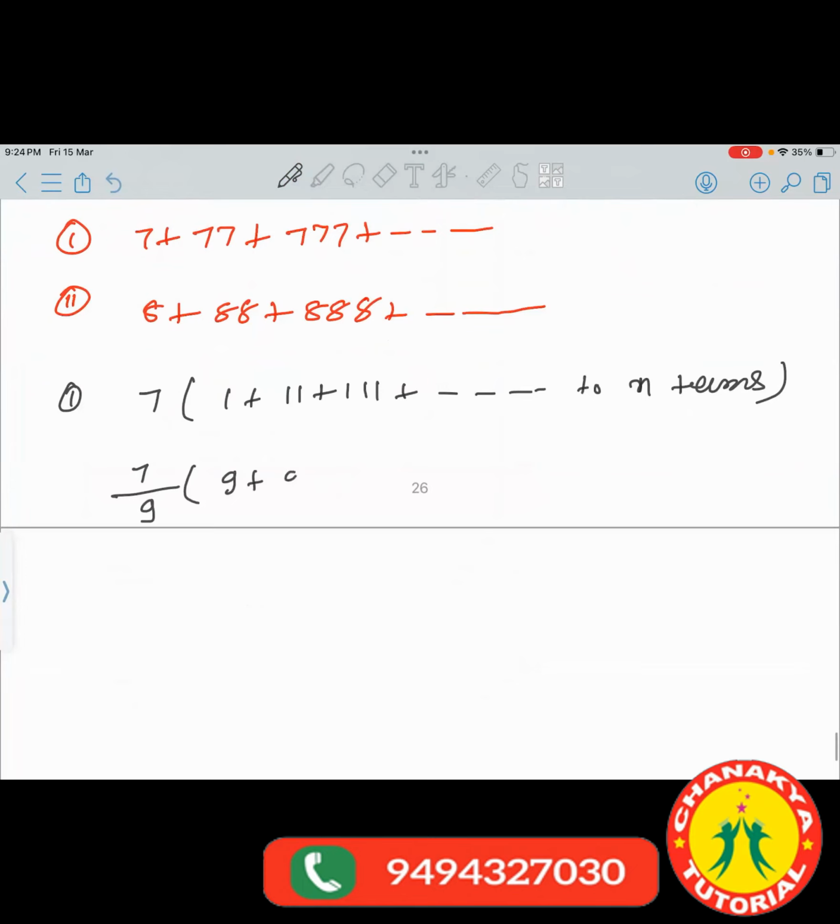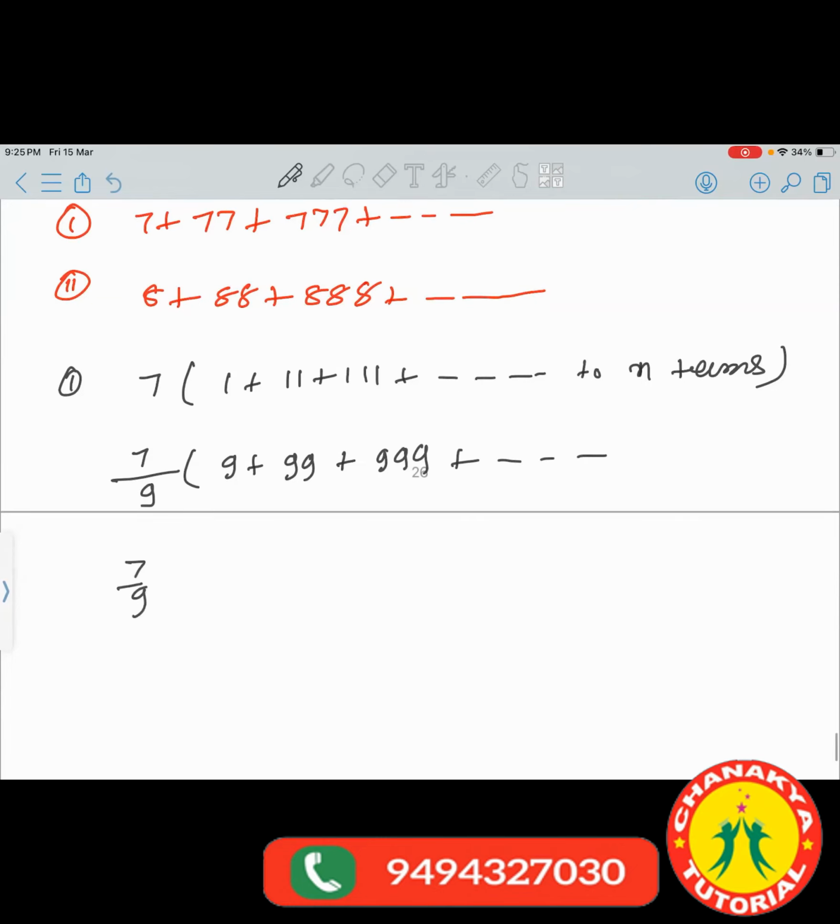This is a rule. Why? Because we can convert it into a sum of GP. So I am multiplying with 9 and dividing with 9, so that we can write 9 as 10 minus 1, 99 as 100 minus 1, and we can apply the Sn formula of GP.